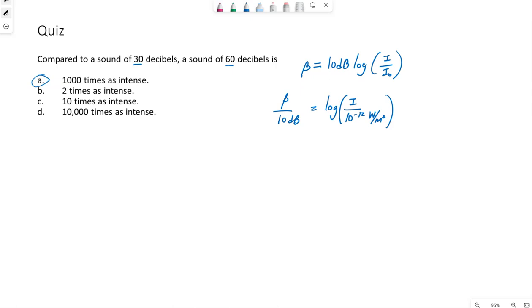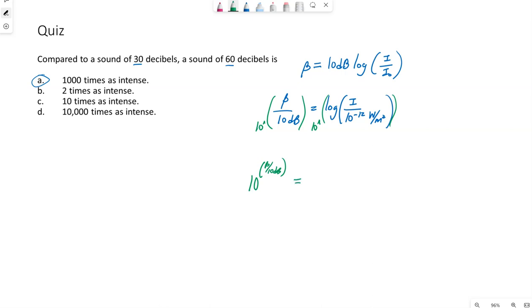To solve for I, since it's log base 10, we would say 10 to both sides. So on the left, I end up with 10 to the beta over 10 decibels. The beta has units of decibels as well, so this power will not have units.